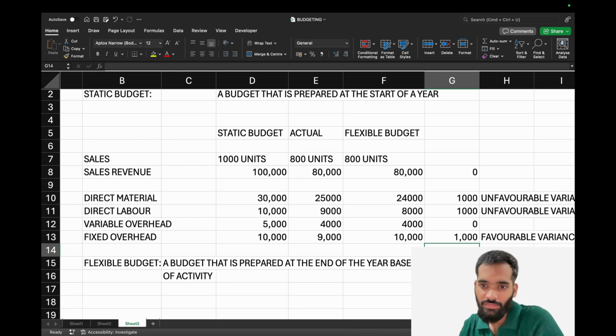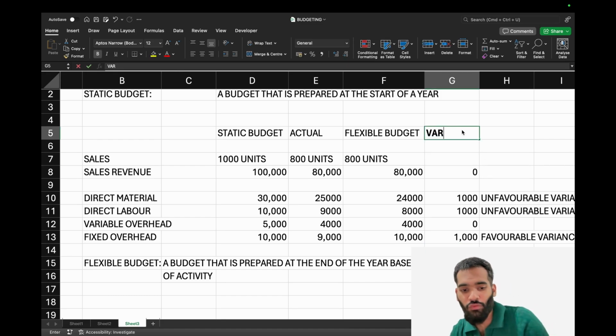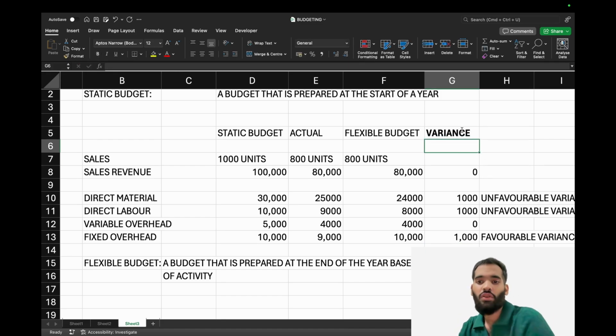There we go. And just to give you the title, these are called variances. Variance basically means the difference between actual data and the flexible budget or static budget, depending on what type of variance you're doing. But just to let you know, comparing the static budget with actual and finding variances doesn't tell you anything because the data is skewed based on the units.